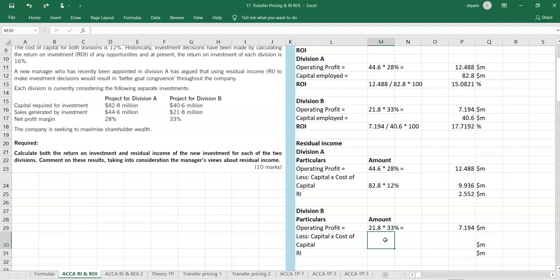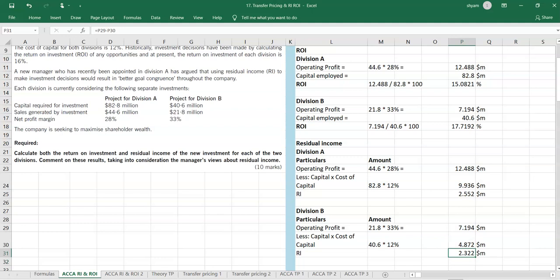So capital employed is going to be 40.6 into the cost of capital, which is 12%. So the answer comes to 2.322 million.